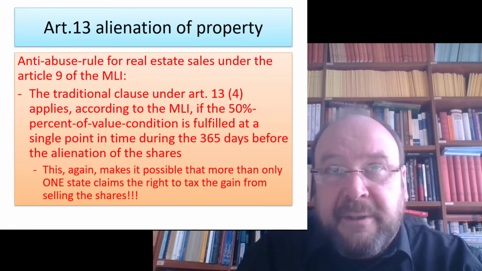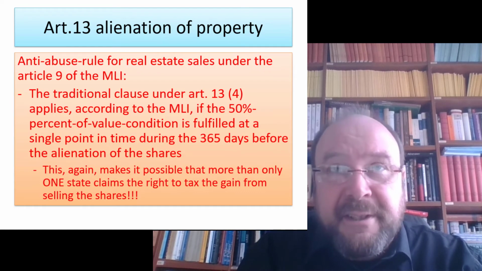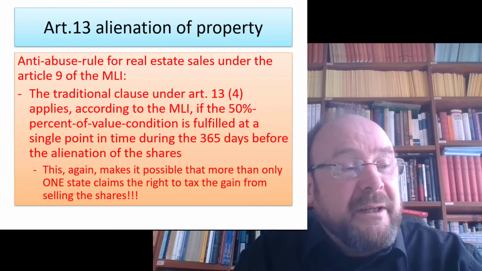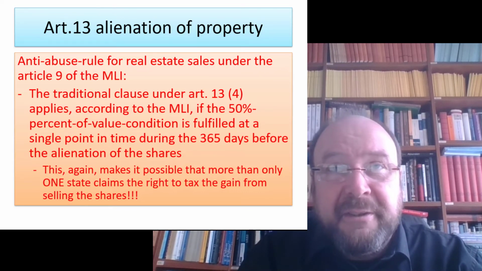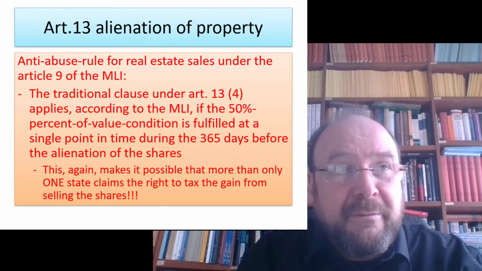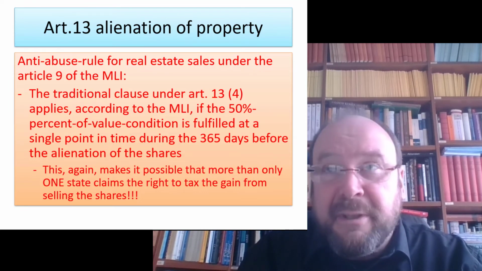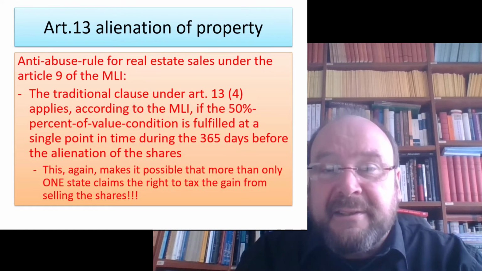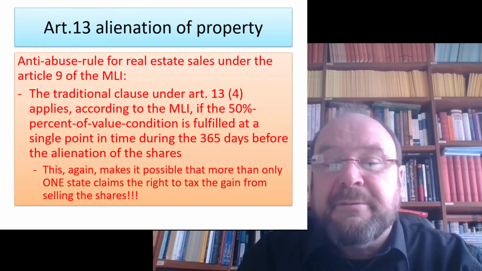Things like: you find a potential buyer in January for the house of 500,000. The buyer says, I'm interested in buying your house. You say, okay, this house is organized as a corporation. I'm going to sell you the shares, but I want to avoid the taxes in the source country, so allow me to push up the property of that company by 1.5 million in cash and cash equivalents before.